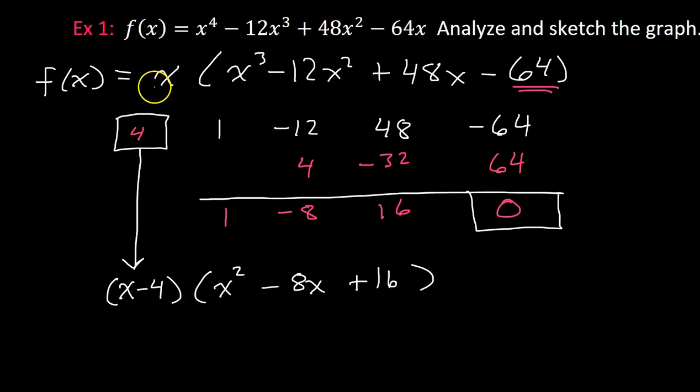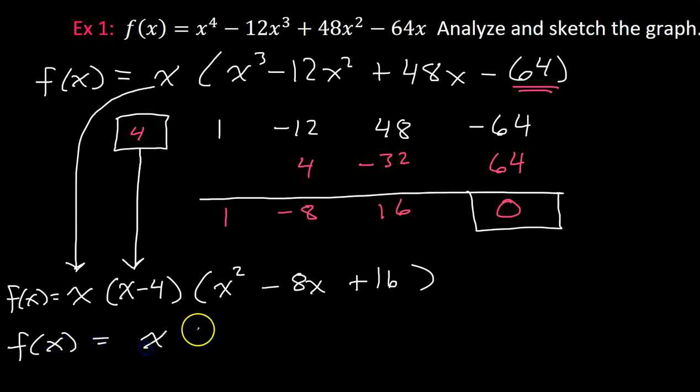Don't forget about the x that's in the very front that we factored out as a GCF. That still exists. So far we have this for the factored form of f of x. But of course, we can factor this trinomial a little bit further.